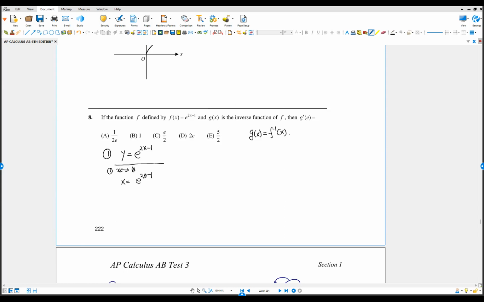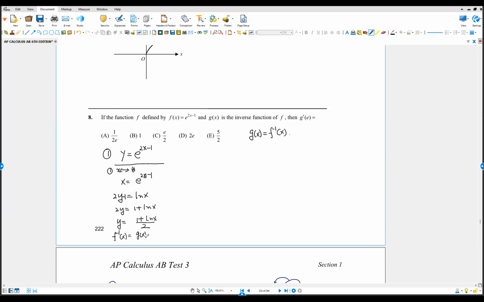Now we need to express y in terms of x. 2y minus 1 equals log base e of x, which is ln x. So 2y equals 1 plus ln x, and dividing by 2, y equals (1 plus ln x) over 2. This is f inverse of x.